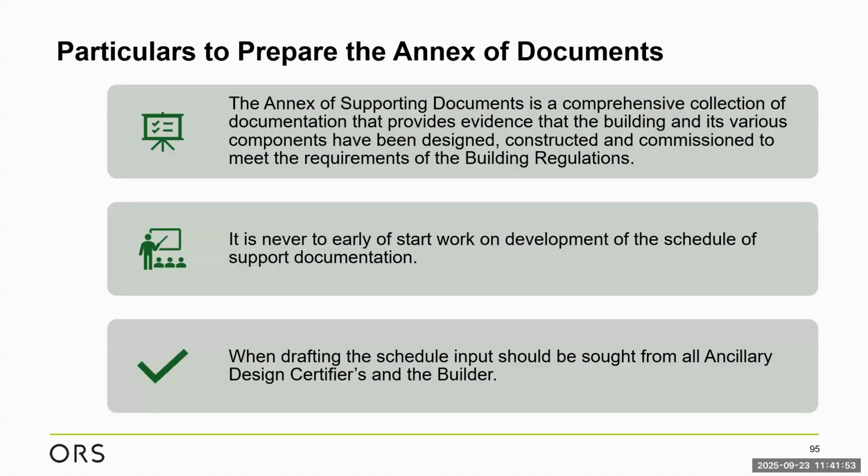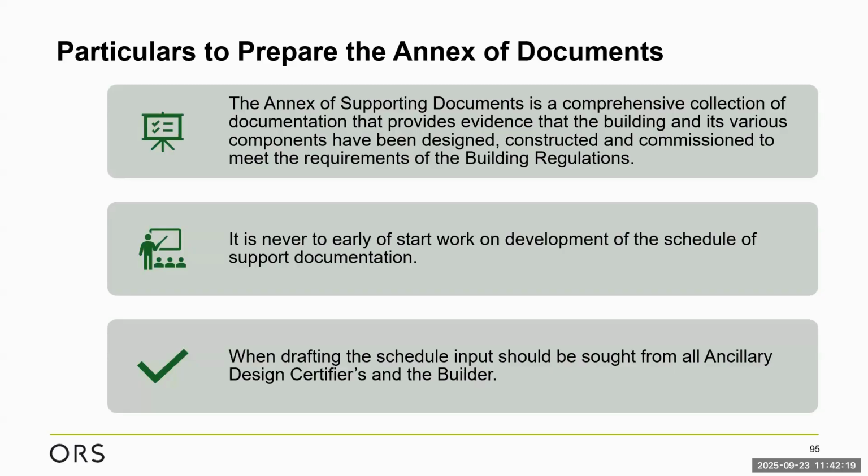When drafting the schedule, input should be sought from auxiliary designers, design certifiers, and the builder. So again, when I'm putting this schedule together, I would work first on my auxiliary certifier schedule. There's certain documents that I know are going to be required: your design change log, your calculations, your drawing registers at completion, drawing packs, specifications.